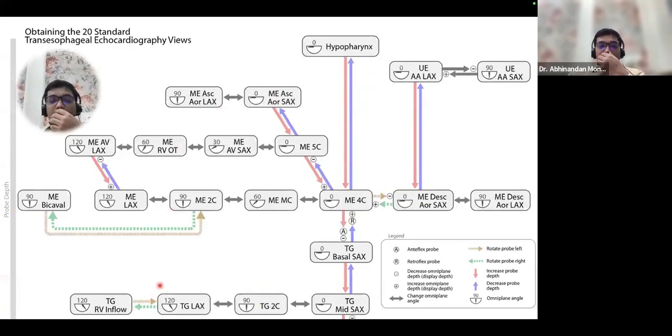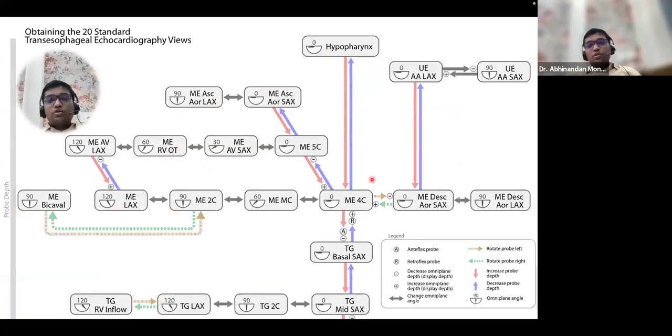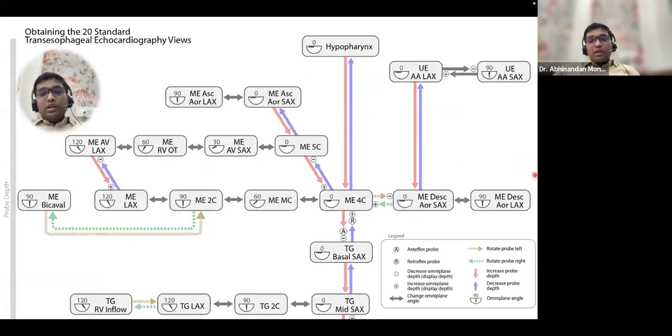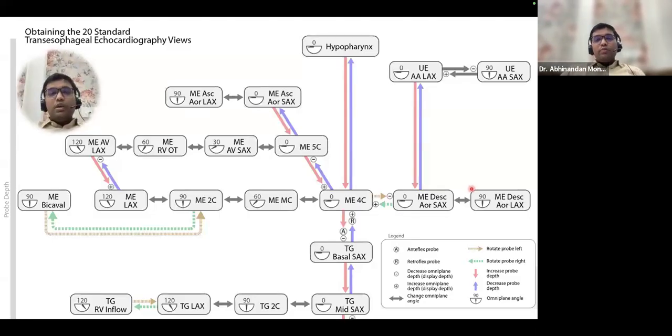So this is a very helpful image. Also I have to make a note to everyone that whatever degrees you learn while doing the TEE examination and in various textbooks, always be informed that the heart you are dealing with is not a normal heart. That is why the patient is getting operated, so the patient has some pathology.